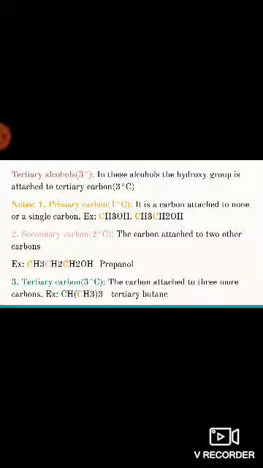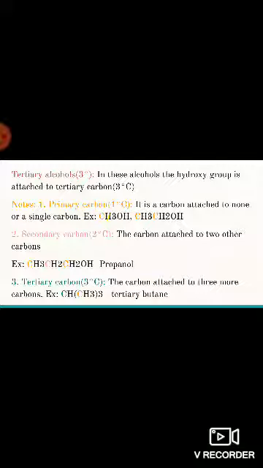That is, the carbon in the hydroxy group's alcohol which is attached to one more carbon is generally known as a primary carbon. In methyl alcohol and in ethyl alcohol, the carbons are generally primary carbons.